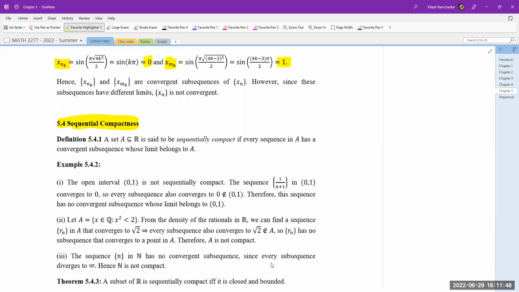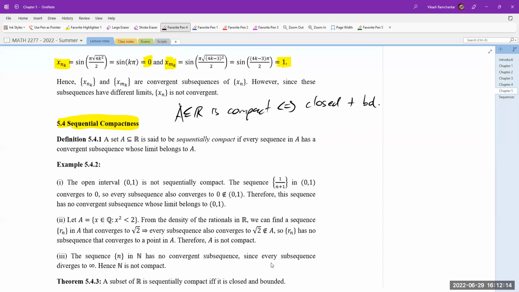And we came across Heine-Borel, which tells us a subset A of R is compact, make sure you know this, this is very important, if and only if it is closed and bounded. Okay, that was Heine-Borel.